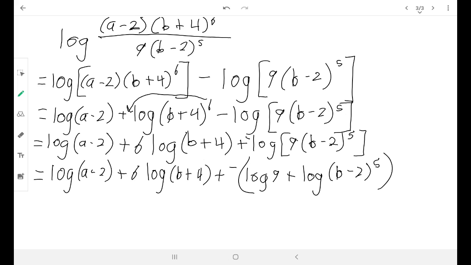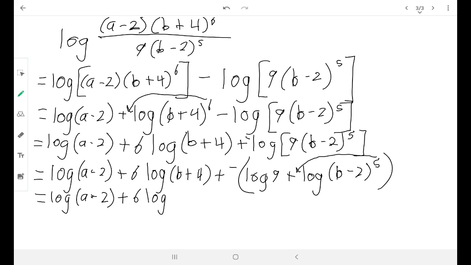Okay, so now let me move that 5 to the front, and then I will be able to distribute the negative at the end, and then I'll be done.